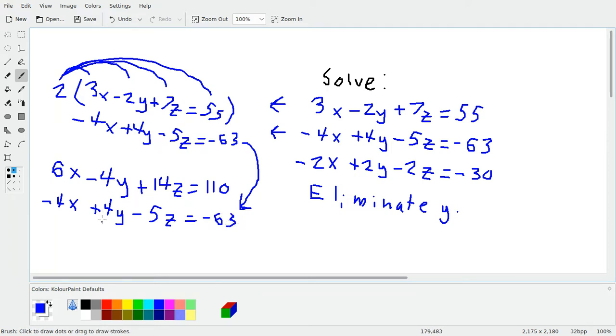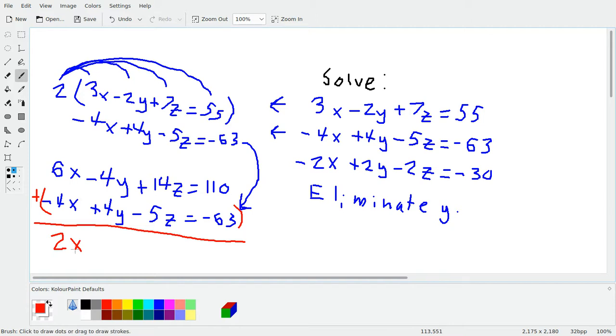Since our y's have opposites, negative 4y and positive 4y, we are now ready to use the addition method to add these two equations together. 6x plus negative 4x is 2x.